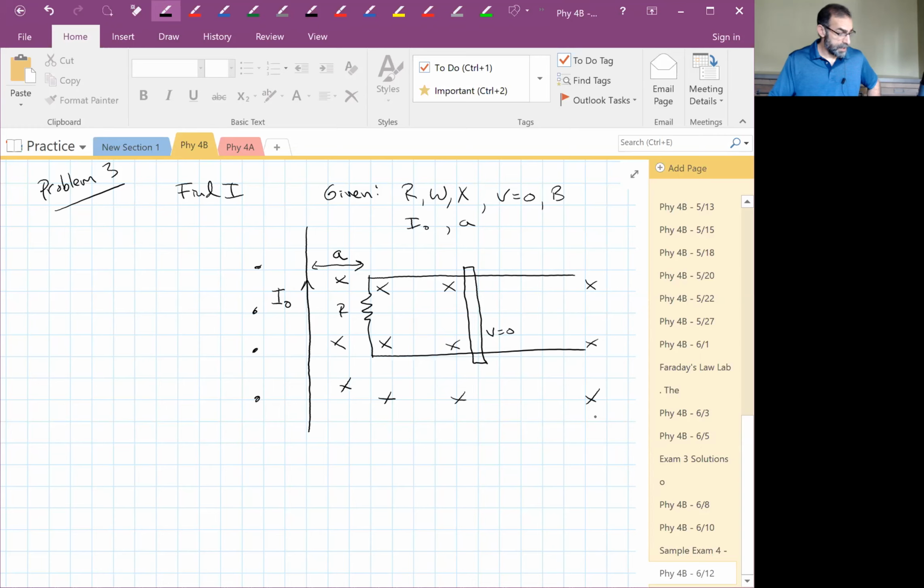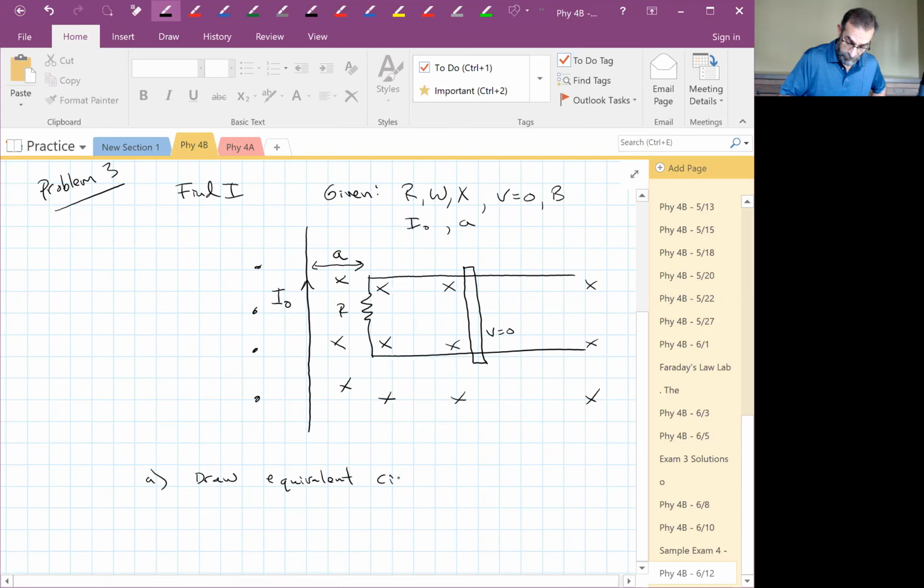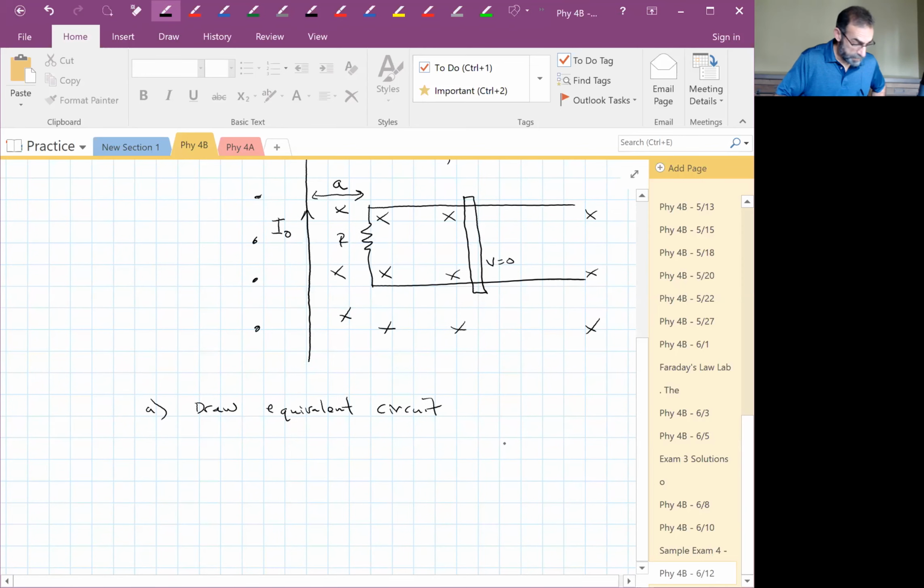Okay, is there any current in this circuit? Any induced EMF? Is anything changing? Nothing is changing.